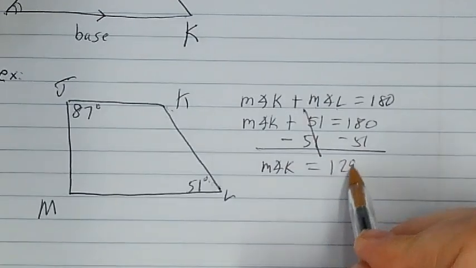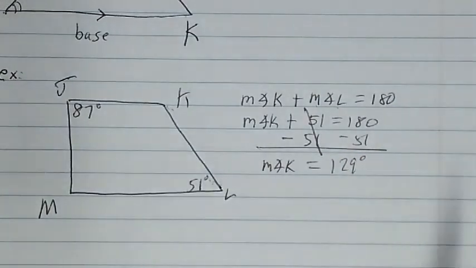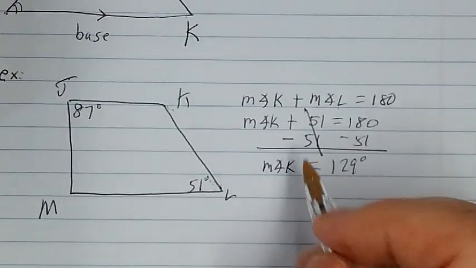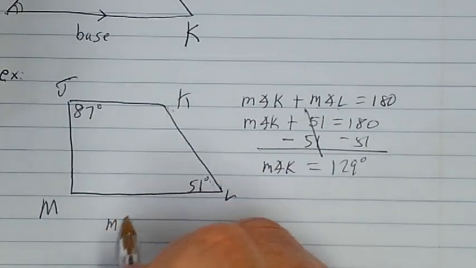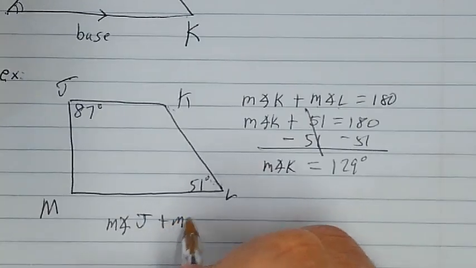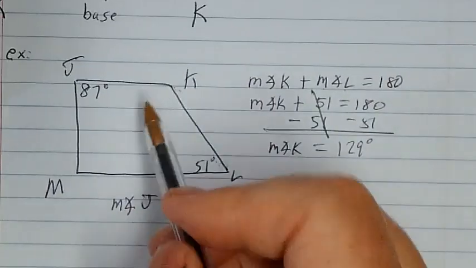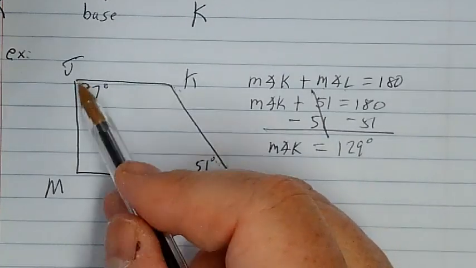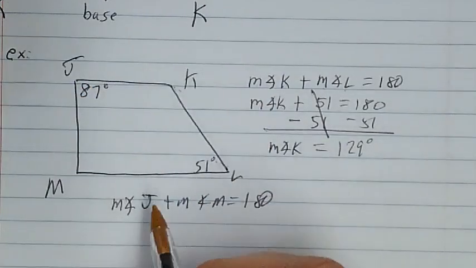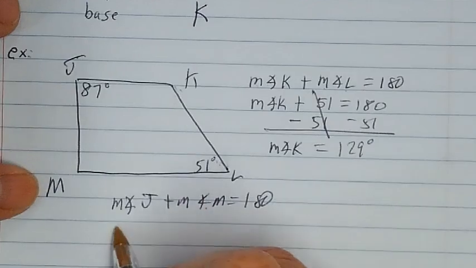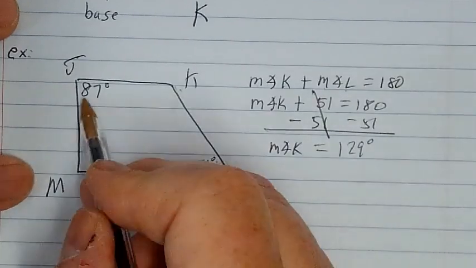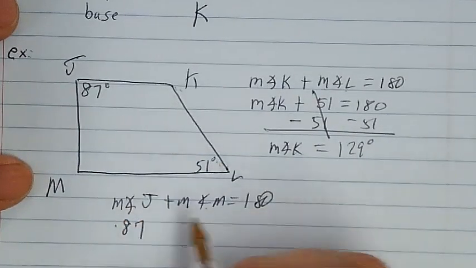The last one was the measure of angle J plus the measure of angle M equals 180. Right there, two angles on the same leg. We don't have a value for M, but we could say the measure of angle J, which is what? Plus the measure of angle M equals 180.